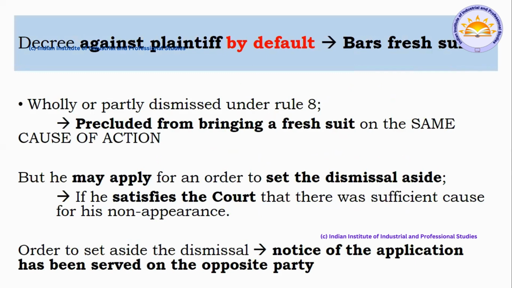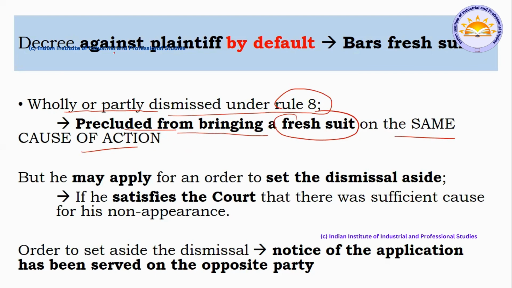Next, decree against the plaintiff by default. If there is a situation where the suit is wholly or partly dismissed under Rule 8, the plaintiff is precluded from bringing a fresh suit on the same cause of action.